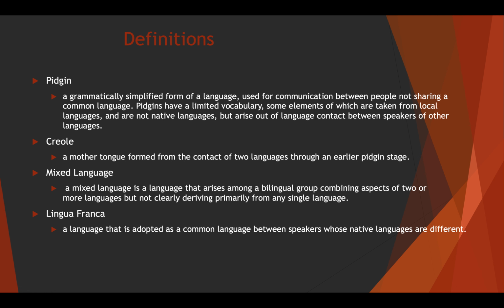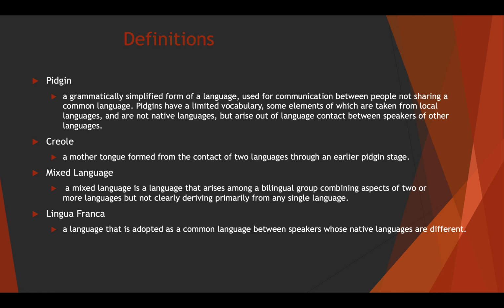A mixed language is a language that arises from a bilingual group combining aspects of two or more languages, but not clearly deriving primarily from one single language. So what does this mean? Say that you have a group of people that speak language A and a group of people that speak language B. They're both bilingual.